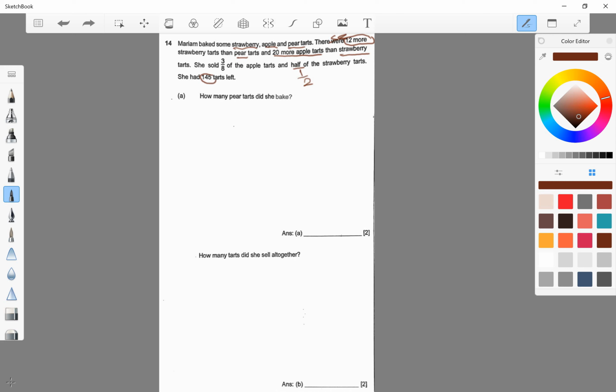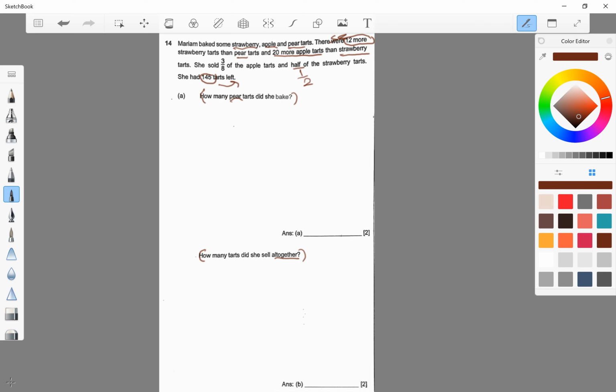So the question is asking us, how many pear tarts did she bake? And as well, how many tarts did she bake all together? So let me try my best to draw the ratio table, which is my favorite tool of choice.